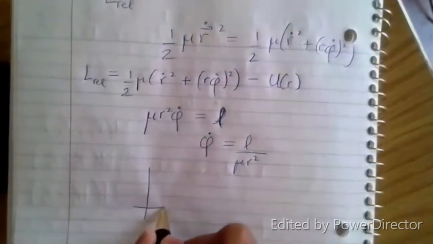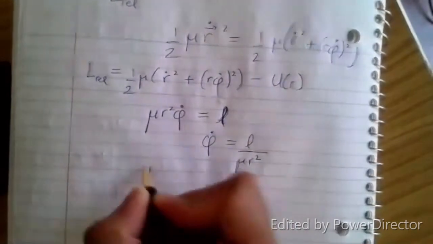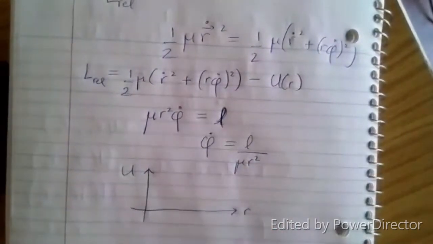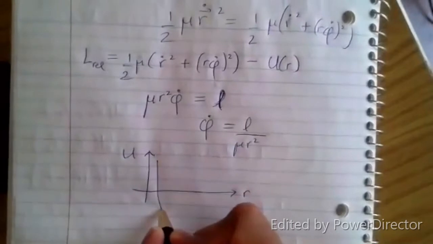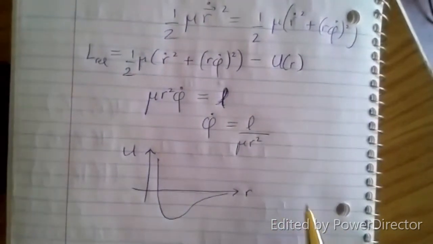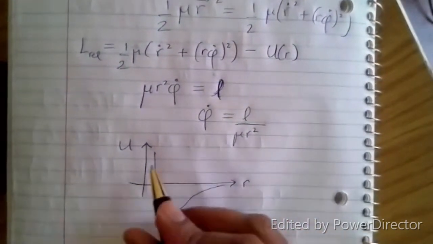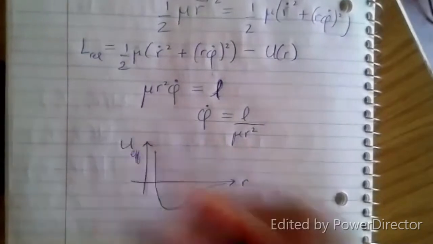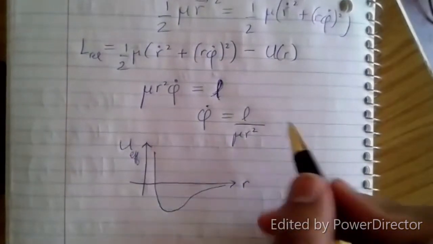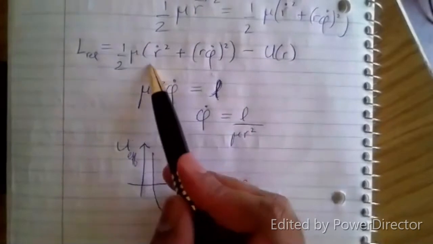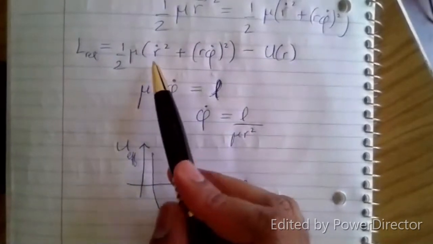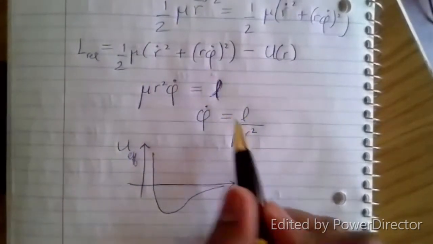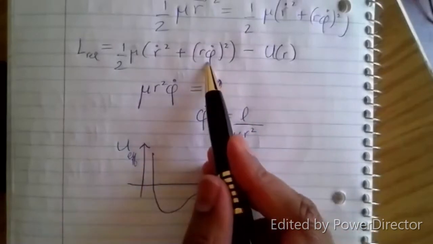And so that leads us to the types of energy diagrams that we've seen before, where you have something like this. U is a function of R. Except what we're actually plotting here is U effective, because we see that we not only have this R dot kinetic energy term, we're going to pick up an R term from plugging in for phi dot, right?